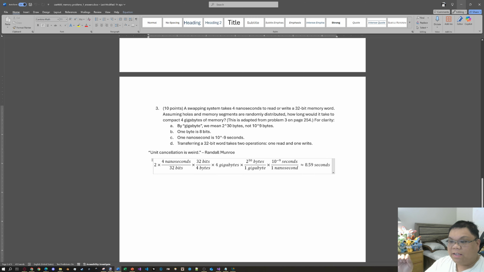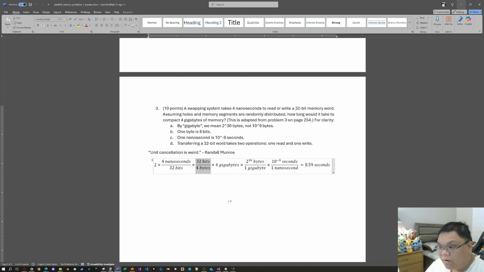It takes 4 nanoseconds to read 32 bits, but it takes another 4 nanoseconds to write 32 bits. So, the first two terms here is simply 2 times 4 nanoseconds over 32 bits. Our next term here is 32 bits over 4 bytes, because 1 byte is 8 bits.